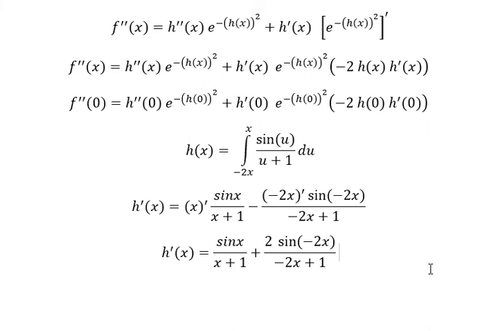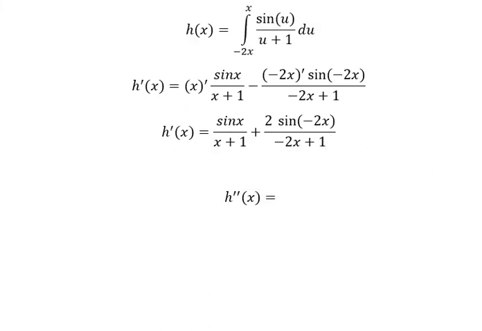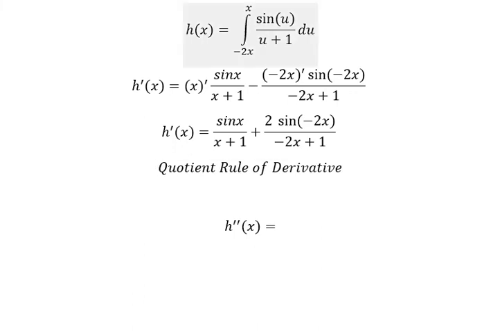Next, we go to the second derivative. In this situation, we need to apply the quotient rule of derivative. So we have y equals a over b.